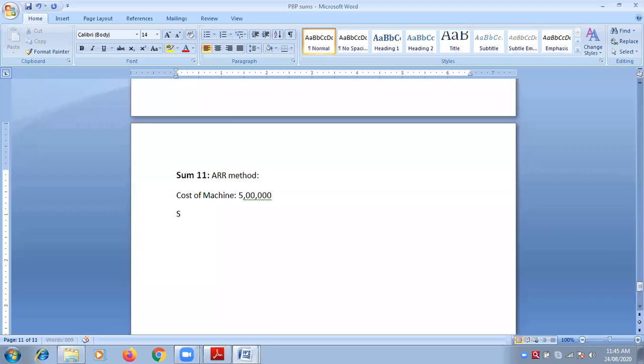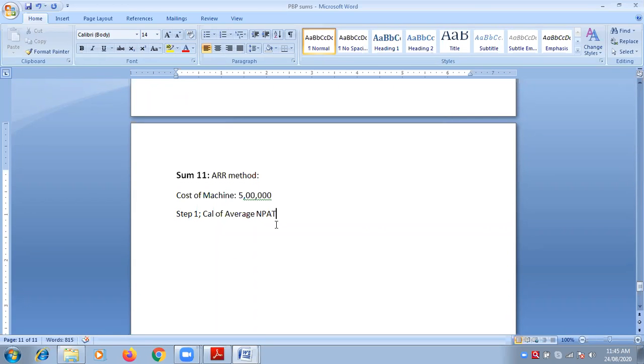Now step number 1. What is step number 1? Calculation of average net profit after tax. Writing only this much will also do.